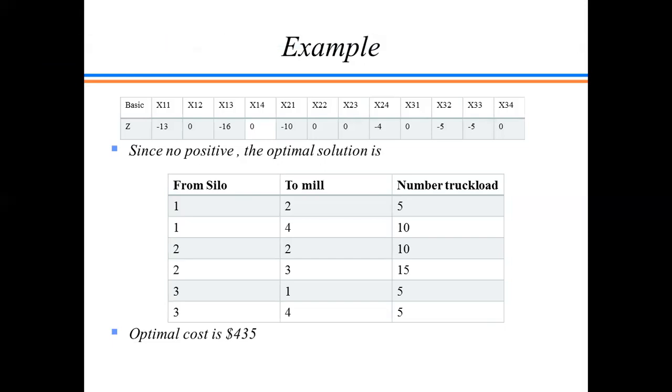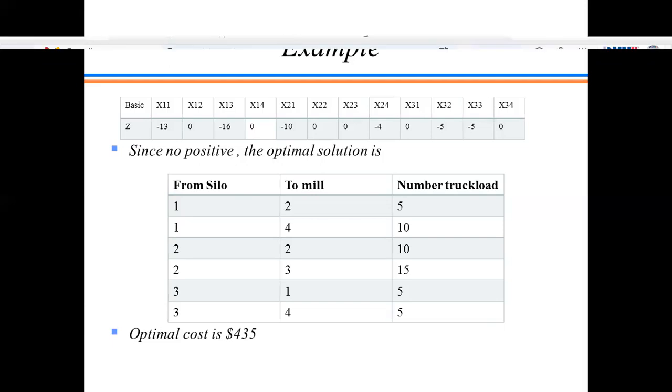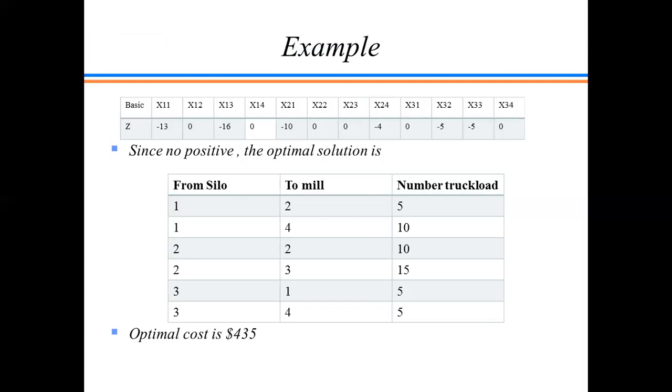And to solve the problem, first we need to check whether the problem is balanced or not. We can see from the total capacity compared to total demand. Balanced if total capacity equals total demand. If not equal, then not balanced.